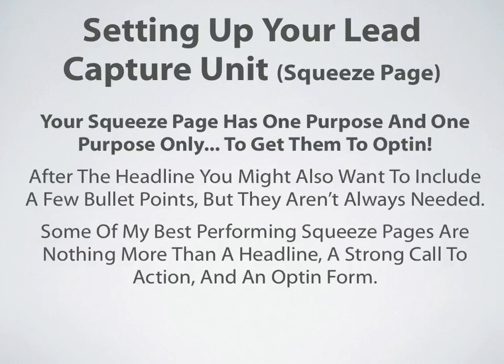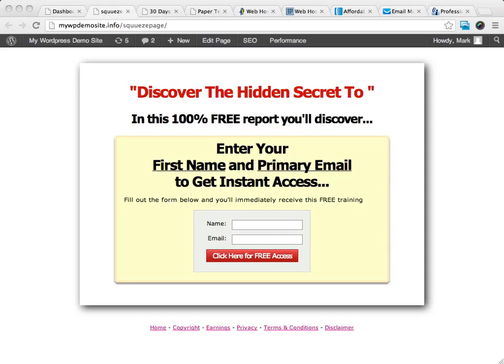Now, after the headline, you might also want to include a few bullet points, maybe a subhead. Some of my absolute best performing squeeze pages are nothing more than a headline, a strong call to action, and an opt-in form. Something like this: I'm using that Paper Template WordPress theme that I told you about to set up a squeeze page.